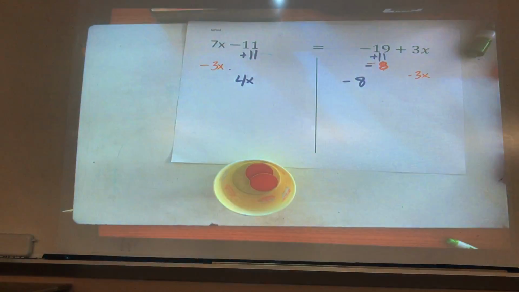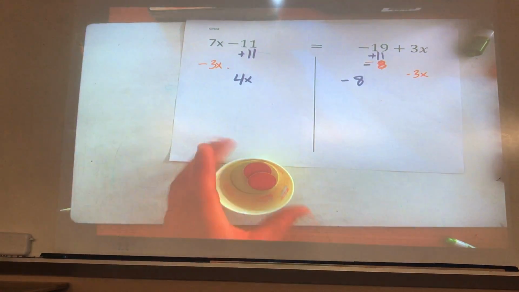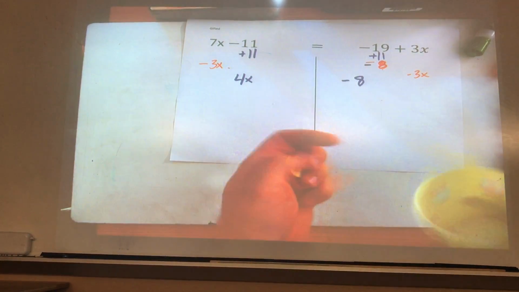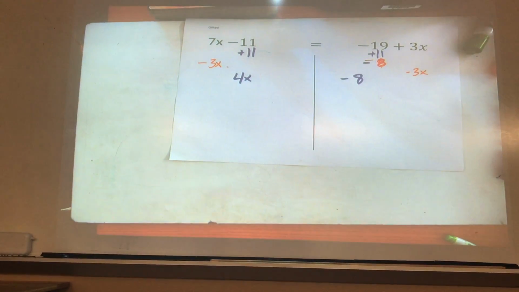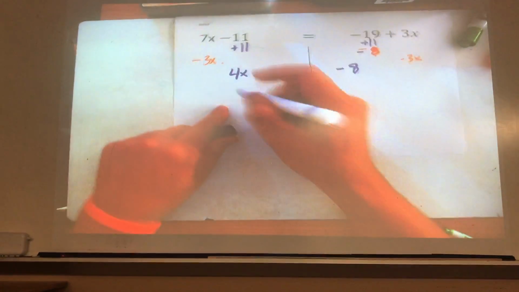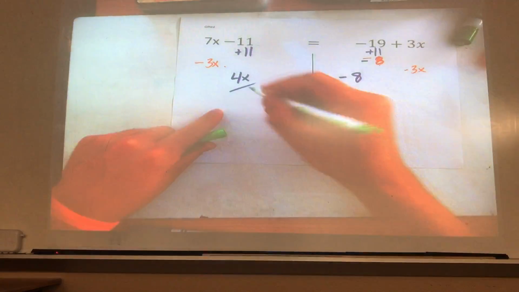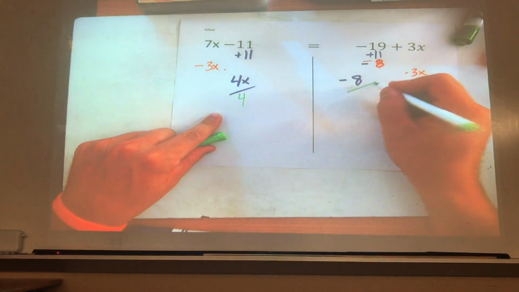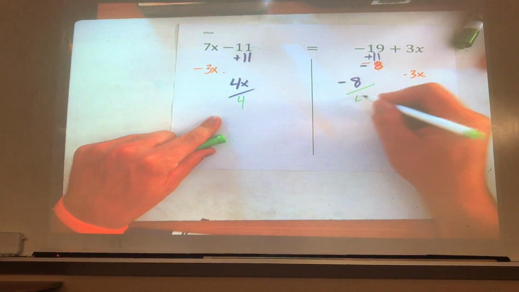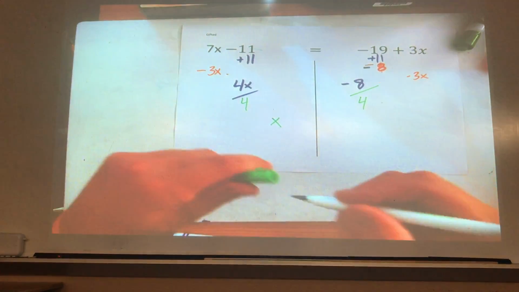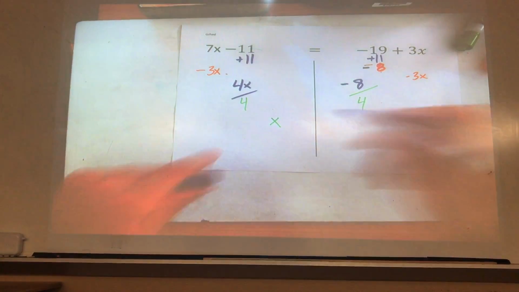Take them all away but one, and that'll give us our answer, which would be a negative 2. All right? So by doing that, we would have divided the 4 by the negative 8, which would have given x equals a negative 2.